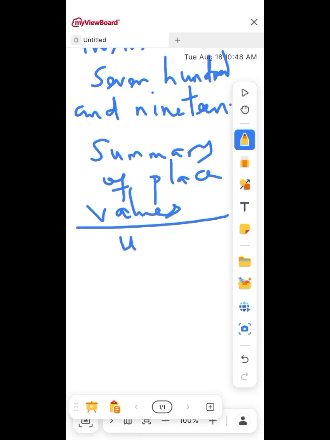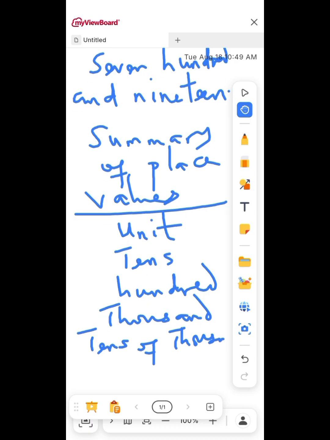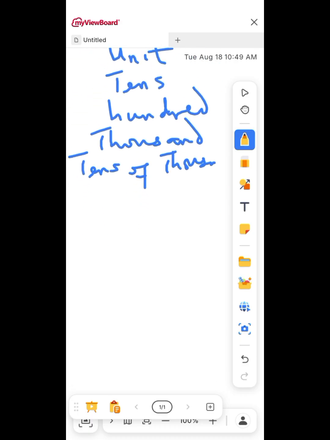That is units, followed by tens, followed by hundreds, followed by thousands, followed by tens of thousands, followed by hundreds of thousands, followed by million.